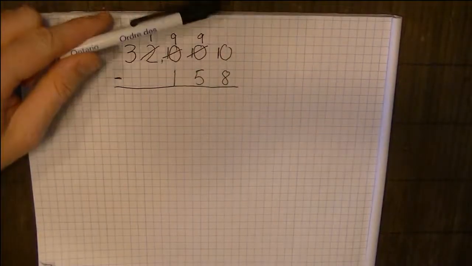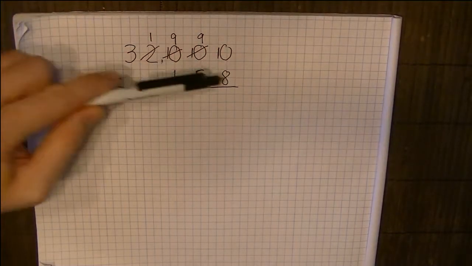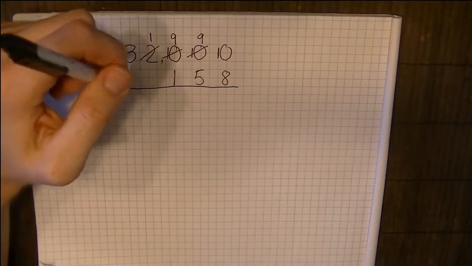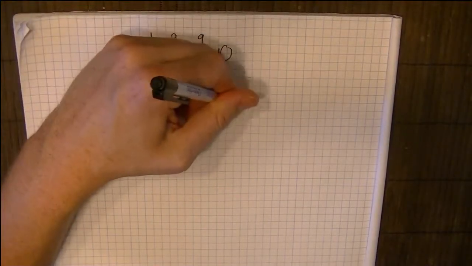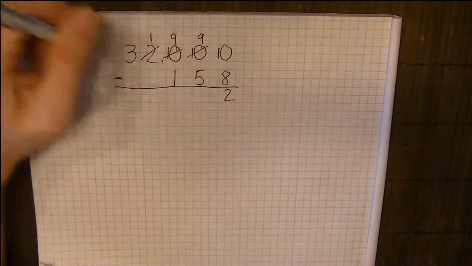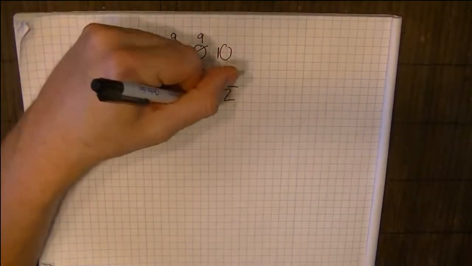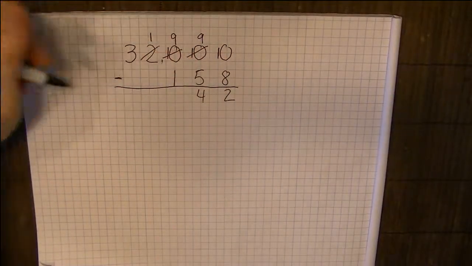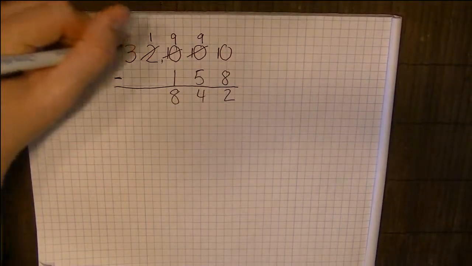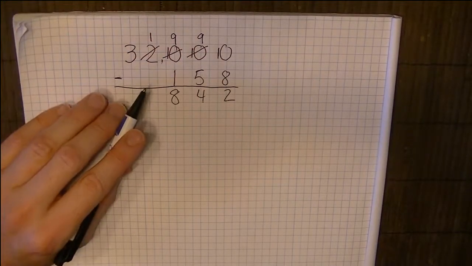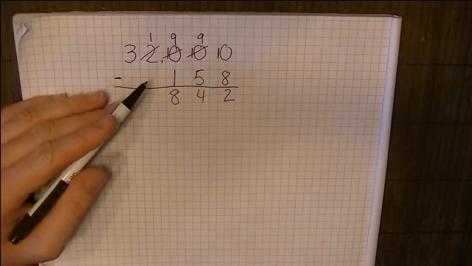We've got 10 minus 8, and I can now do this. So 10 minus 8 is 2, and now we can go through everything else. 9 minus 5, that is doable. It's 4. 9 minus 1 is doable. It's 8. 1 minus, now there's nothing written here, but remember, nothing is just another way of saying 0, right?